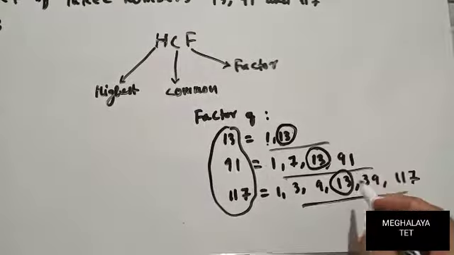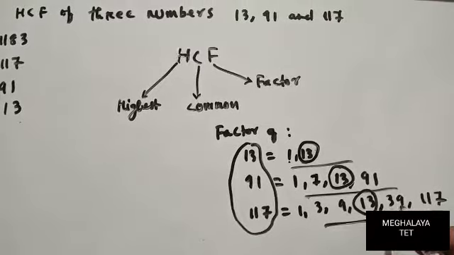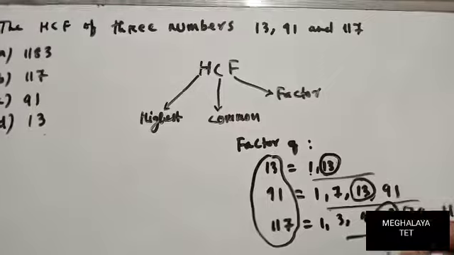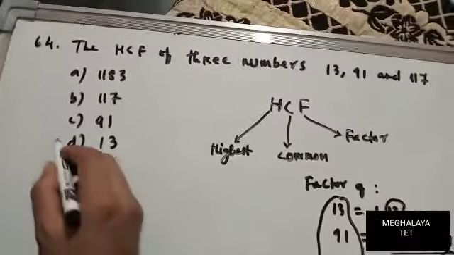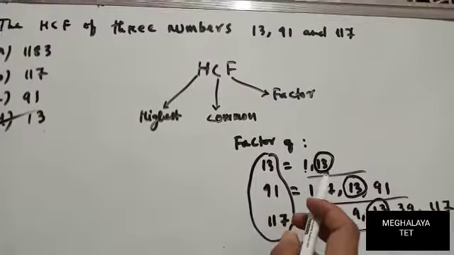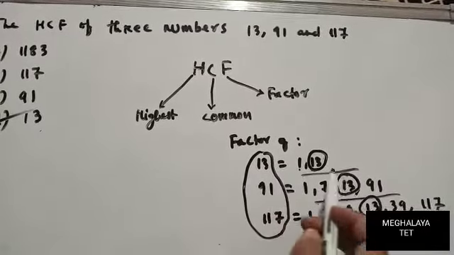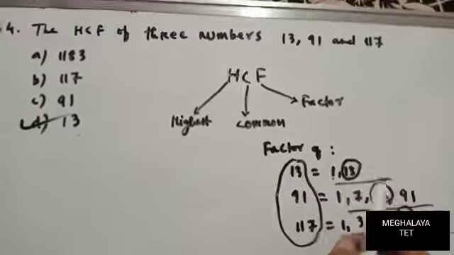So 13 is the highest common factor of the three numbers. So 13 is the right answer to this question.